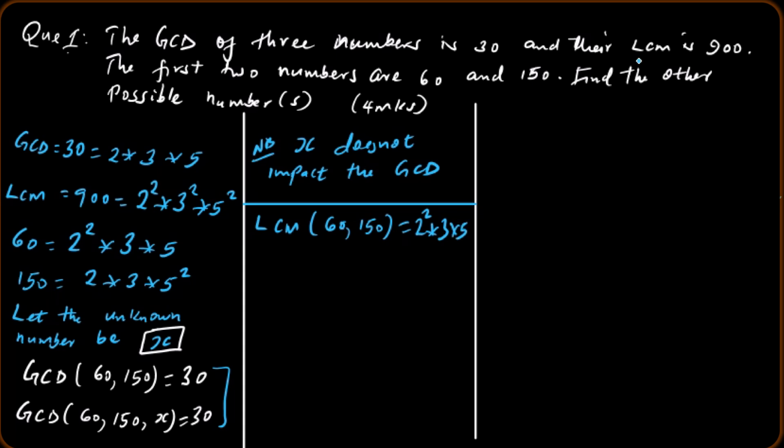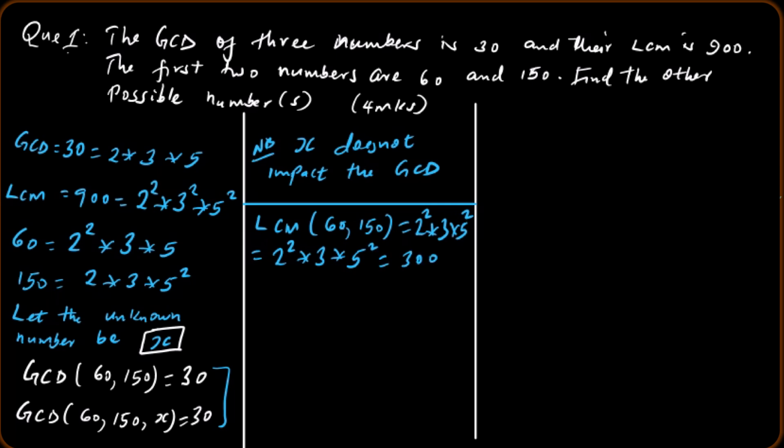Here 2 power 2 is 4, times 3 is 12, times 5 is 60. Therefore 60 times another 5 will be 300. So we power 2 here. The LCM of 60 and 150 will be 300, which equals 2 power 2 times 3 times 5 power 2.